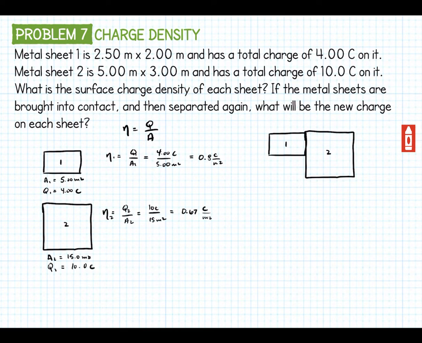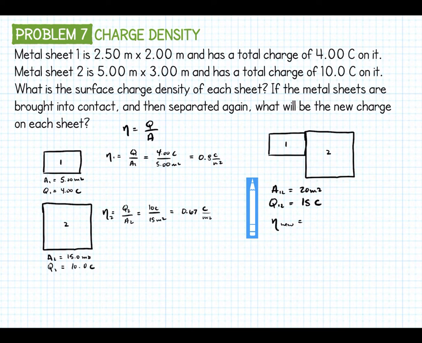Okay, the charge distributes equally, so it doesn't really matter how it's structured. So that means A12 is going to be 20 meters squared, and Q12 is going to be 15 coulombs. So our new surface charge is just even, because remember, it's distributed evenly.